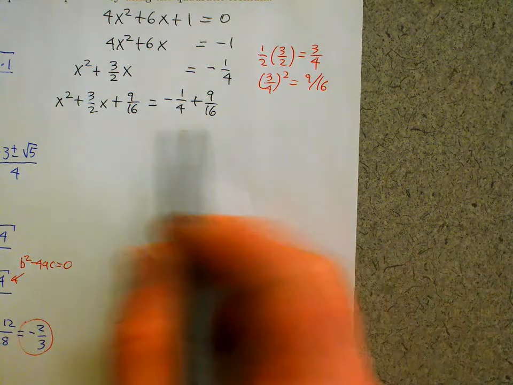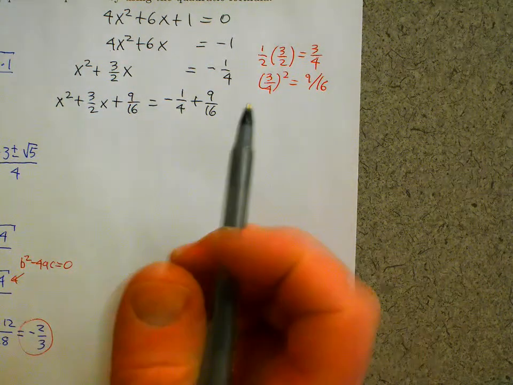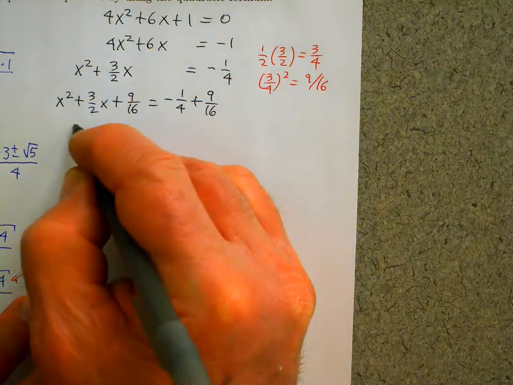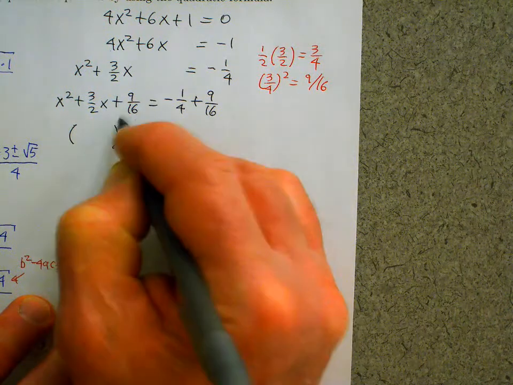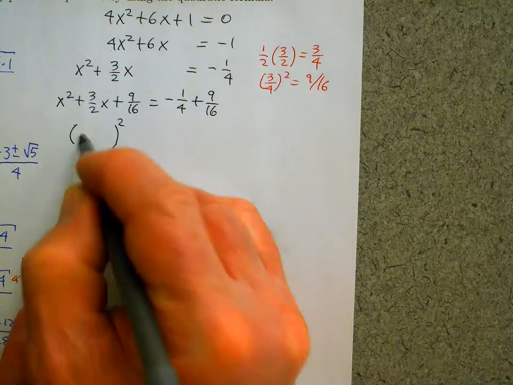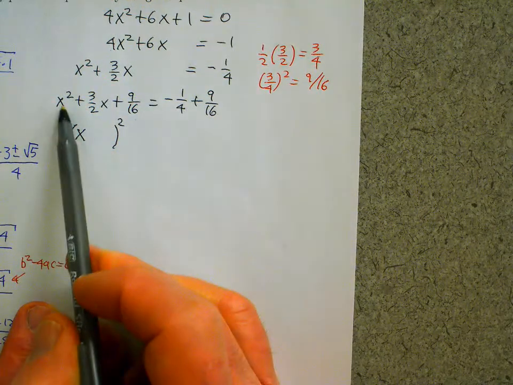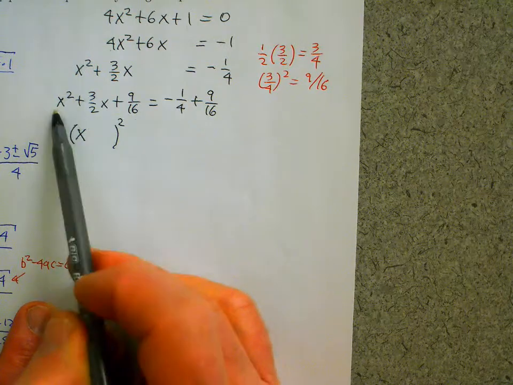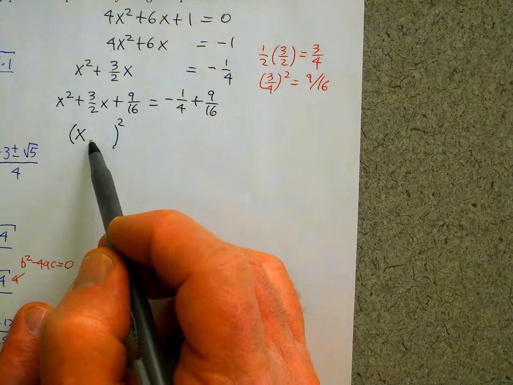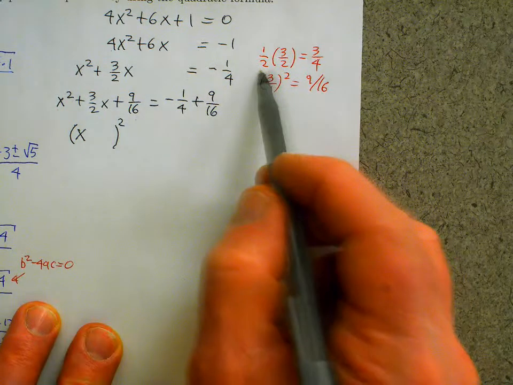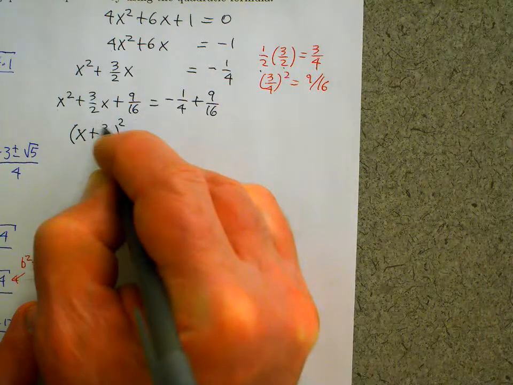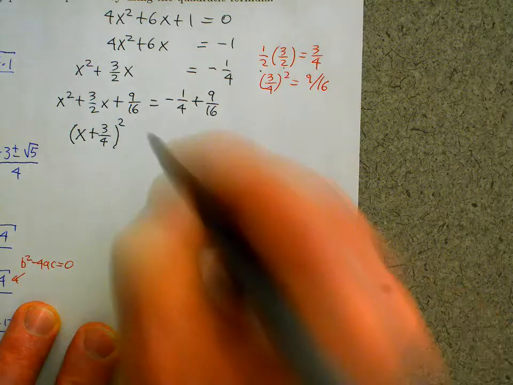The left-hand side is now a perfect square trinomial. So that means we can write it as a binomial squared. The binomial has to have x because the perfect square trinomial has x squared. And then the number that follows is the same number we got when we took 1/2 of 3/2, which is 3/4. So we have x plus 3/4 quantity squared.